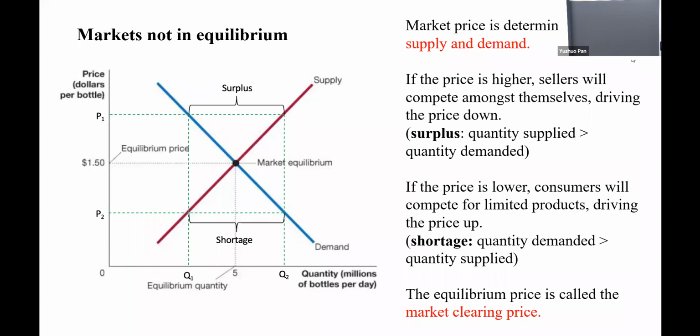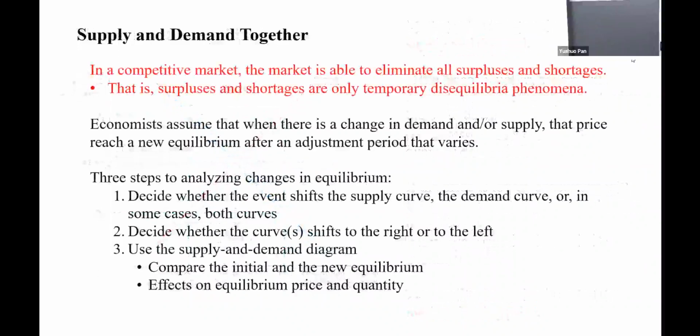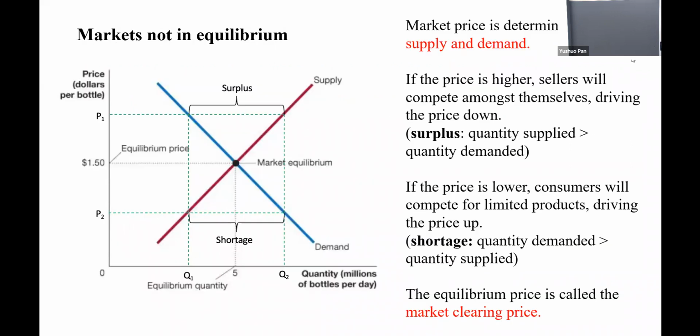The equilibrium price is also called the market clearing price. Supply and demand together, in a competitive market, the market is able to eliminate all surpluses and shortages. As I talked about before, right? If the price is higher, then sellers are going to compete with each other to lower their own price.